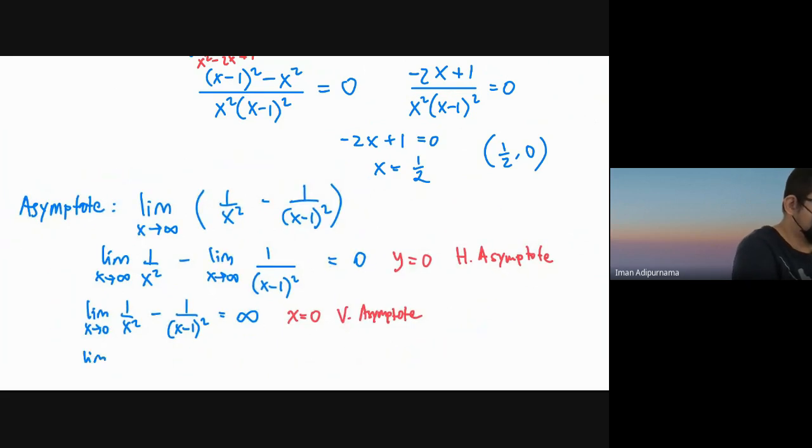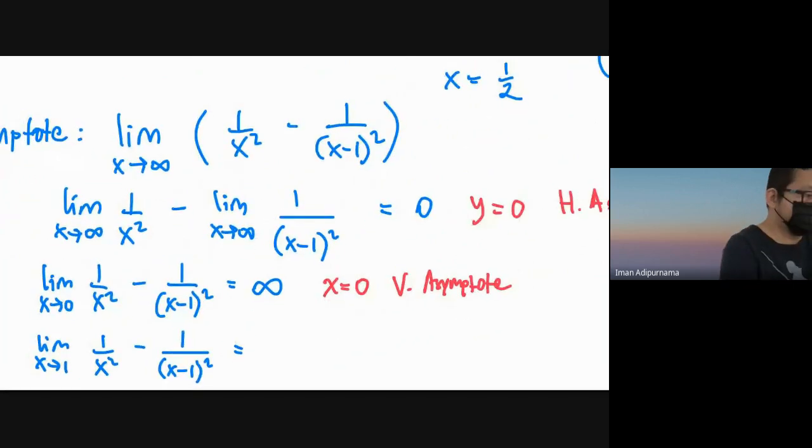And the limit as x goes to 1. This will also result in infinity, but you see that it has a negative something big. It should be negative infinity. So x equals 1 is our vertical asymptote.